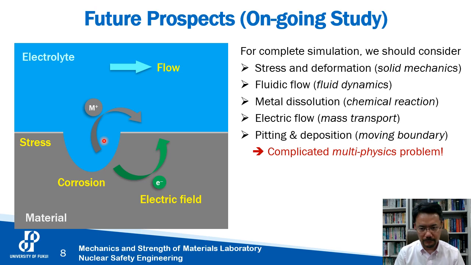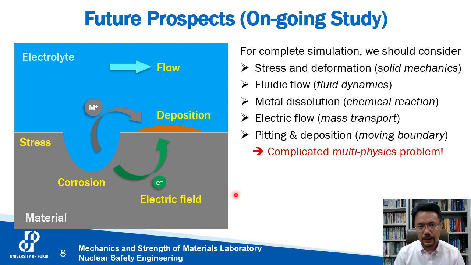At the same time, the electrons move to the oxide film, and a cathodic reaction occurs here. And sometimes this results in the deposition of corrosion products. So we need to consider the change in shape by the pitting and deposition.